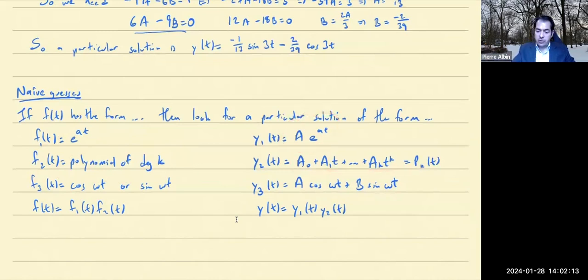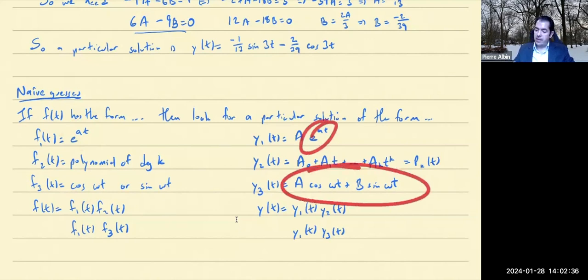And similarly for the product of any other ones of these, if you have f1 of t times f3 of t, that is to say, if you have a cosine of omega t times an exponential, then what you should try is y1 times y3. So go ahead and try an exponential times this combination of cosine and sine. And also, if you had a product of f2 with f3, you should try y2 with y3.